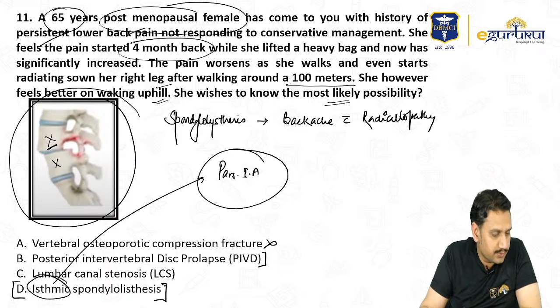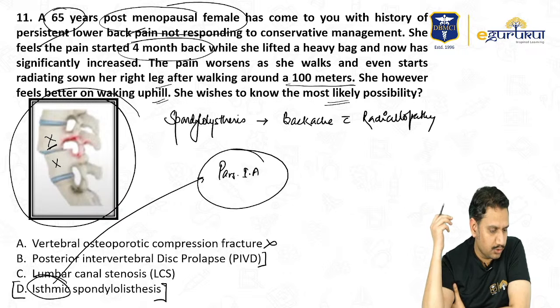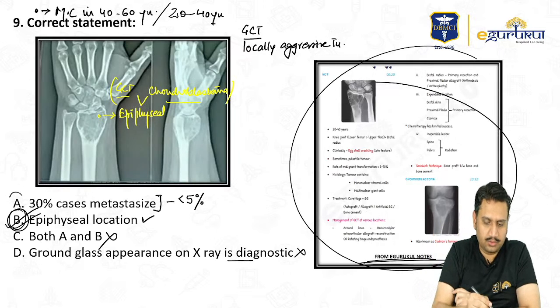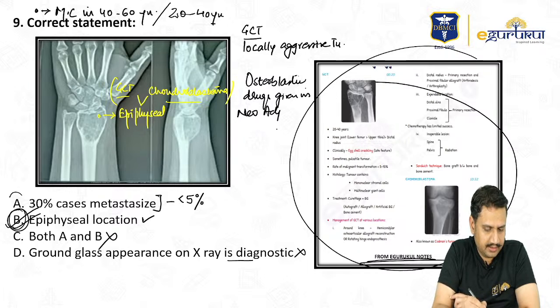Okay, so that is one. I can see the option you have put: osteoblastic drugs are given in neoadjuvant therapy. Okay, I'll write it down. That point is taken.